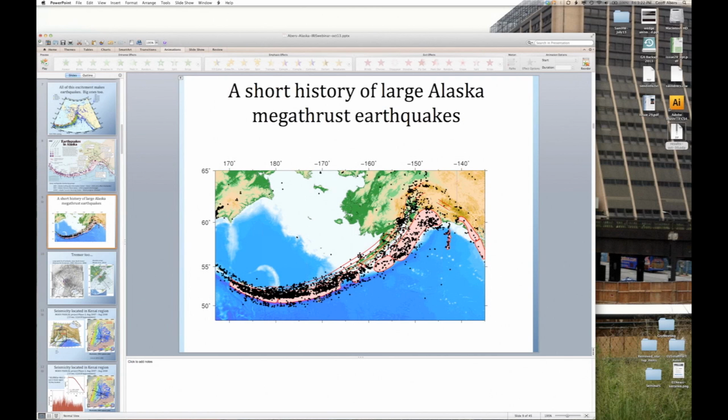Okay, great. I'm scrolling through the list, and there's another question from Matt that's sort of related. What is the method that was used to determine or calculate the convergence rates? So the big plate, the Pacific North America rates come out of these global models, like NUVEL-1, that are based on matching magnetic anomalies and fracture zone orientations all around the world and getting closure by various plate circuits.